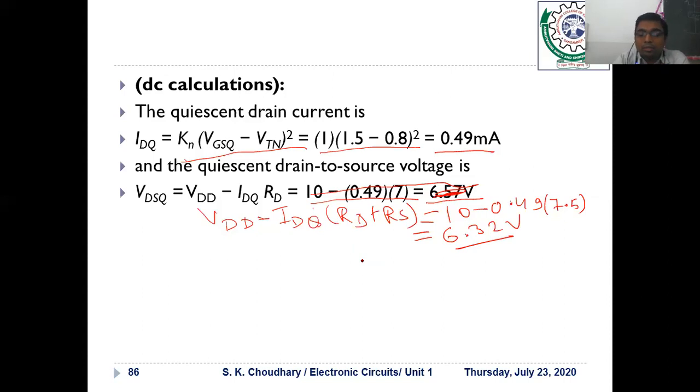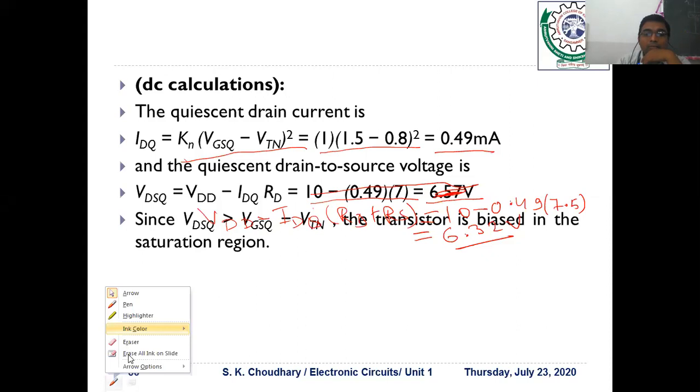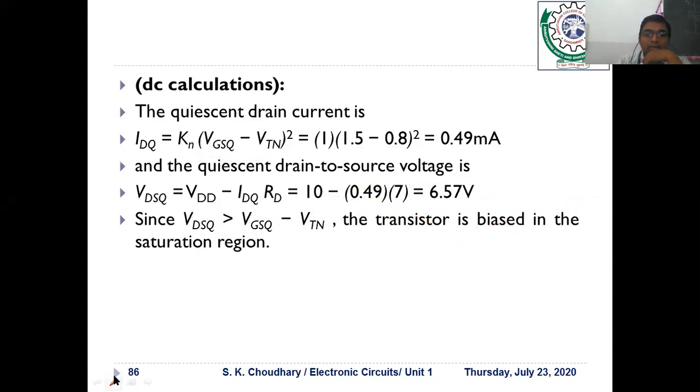Everyone note it down. Now, after calculating the DC parameters, first of all, you have to verify that whatever you have assumed, all these values are correct or not.